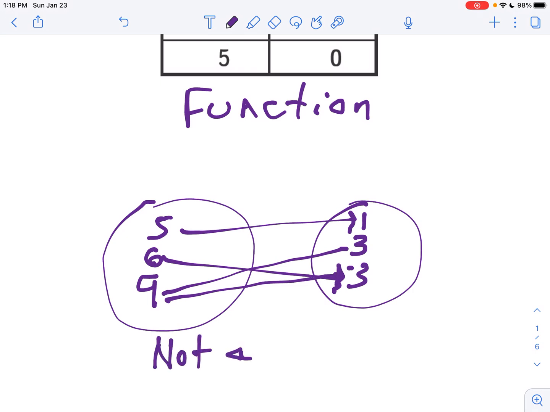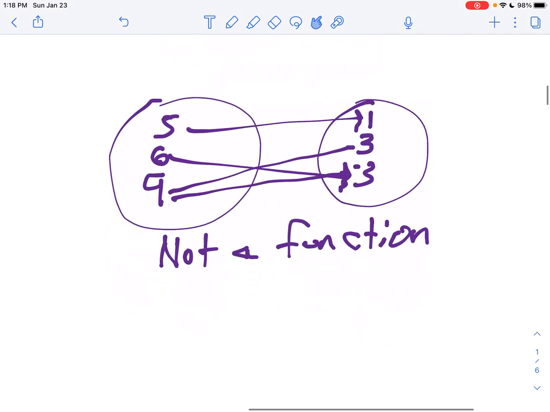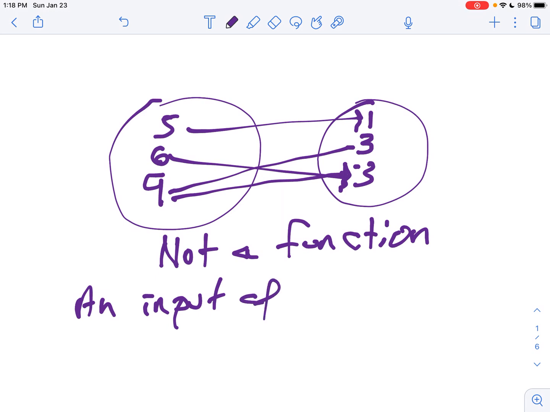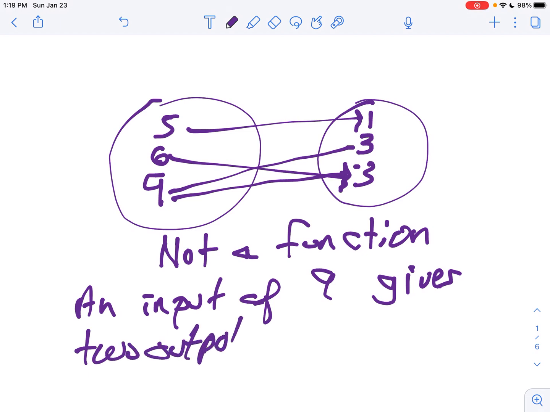The reason it's not a function is 9 isn't predictable. Okay? So if I would say an input of 9 gives 2 outputs, 3 and -3.